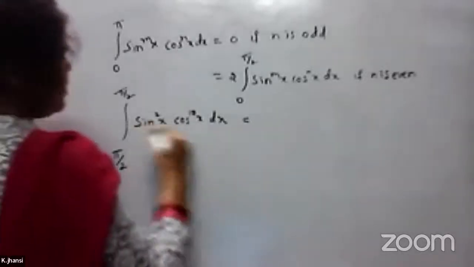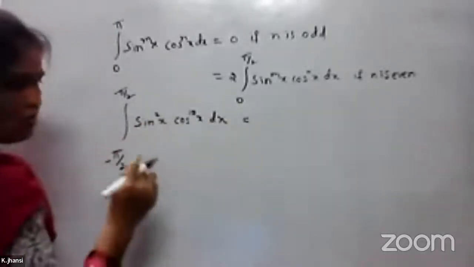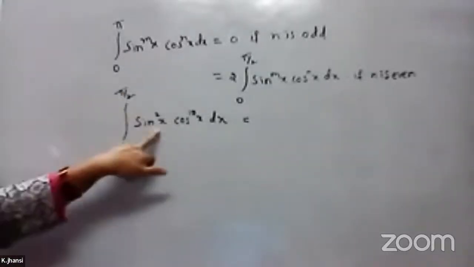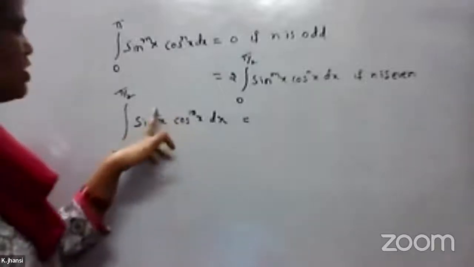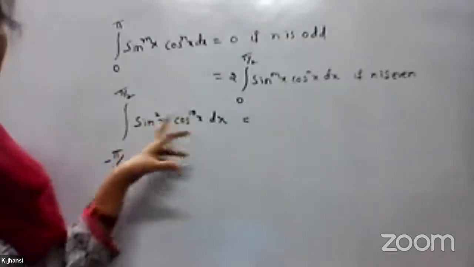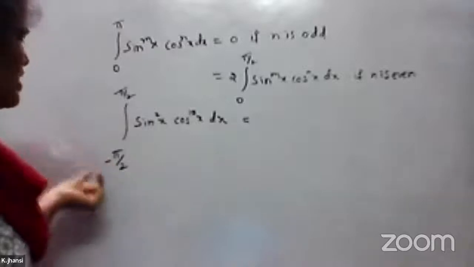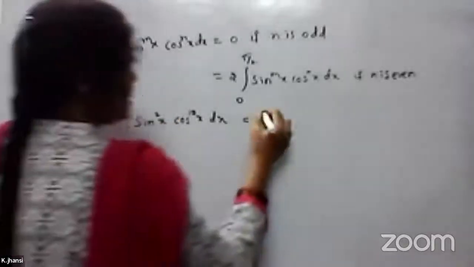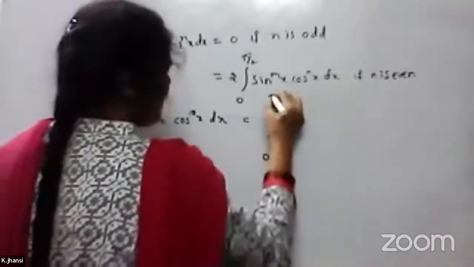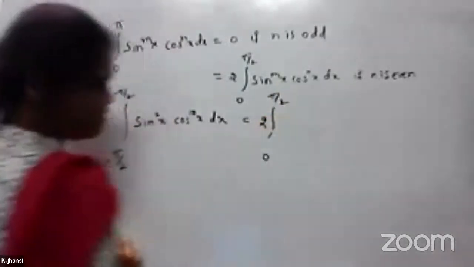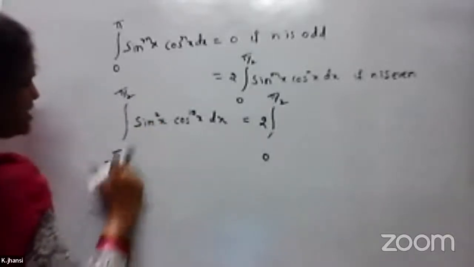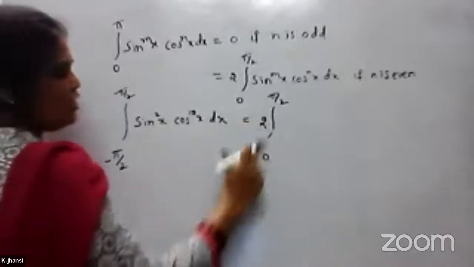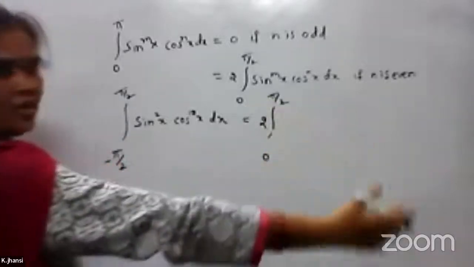First thing is, you convert this. We have just now seen one formula, that is integral from minus a to a of sine to the power of mx cos to the power of nx, which we can convert as 2 times integral from 0 to pi by 2. So when it is integral from minus a to a of f of x dx, we write it as 2 into integral from 0 to pi by 2 of f of x dx.